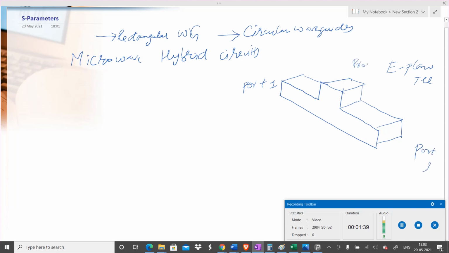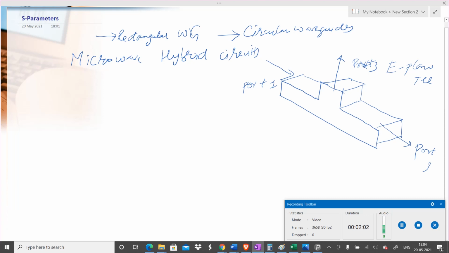I will call this port 1, port 2, port 3, and you can have an electromagnetic wave source at any of these ports, and correspondingly some of the waves will get reflected along this path, some will get transmitted along this path, and this can be used in various applications in microwaves.